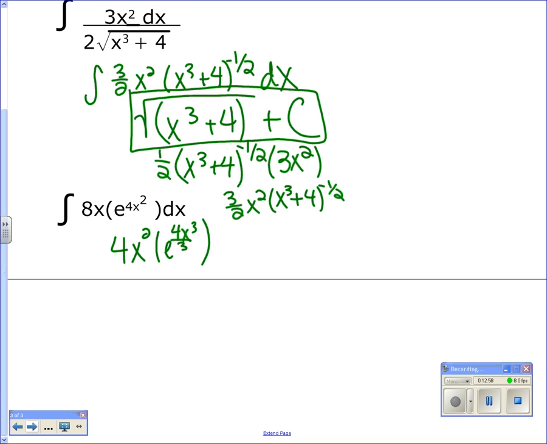Product rule? Product rule is going to result in 2 terms, right? How many terms do we have up here? 1. So is this going to be right? No. Anybody else have an idea?